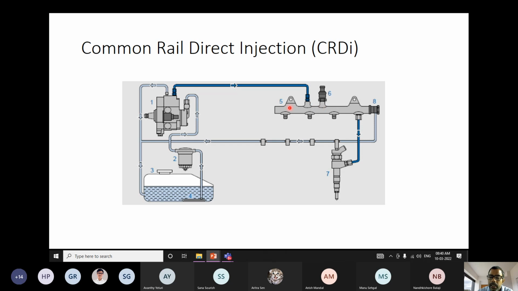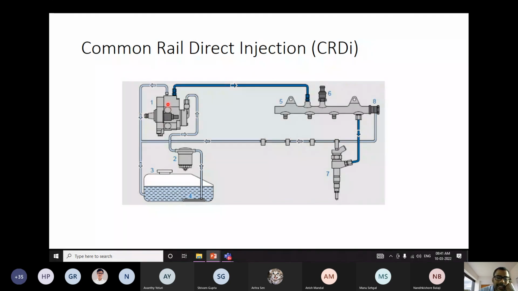On the rail, there are several outlets depending upon the number of cylinders, and from these outlets another fuel line pipe connects the rail to your injector. On the rail itself, we have sensors: 6 is the fuel pressure sensor, and 8 is the fuel control valve.